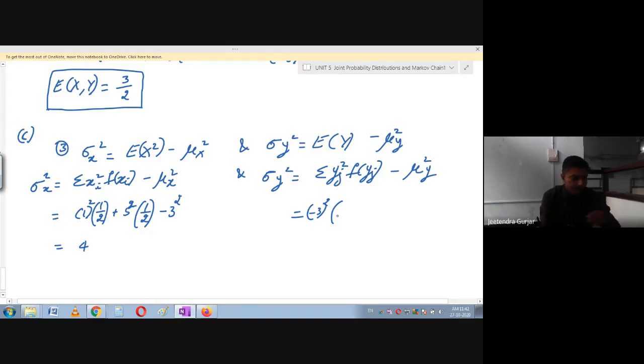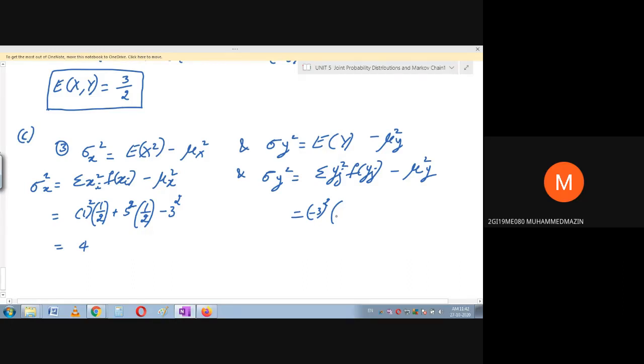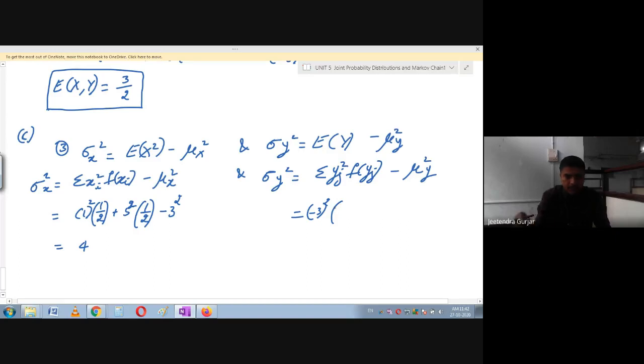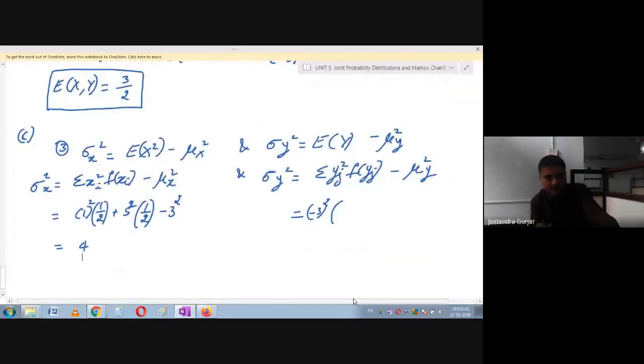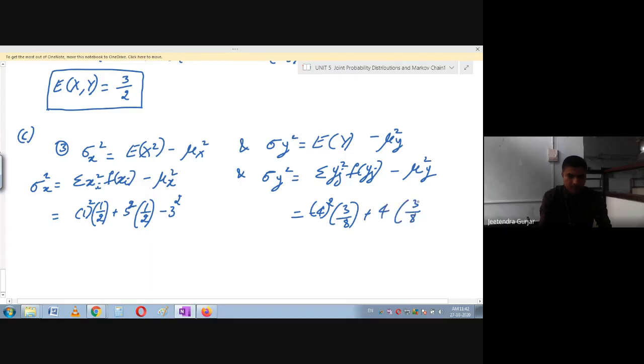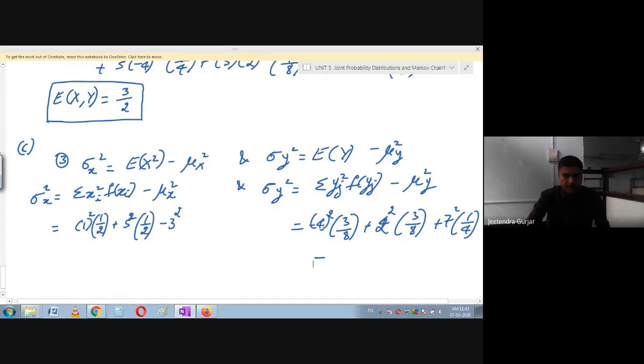Similarly, you can substitute here. So it's minus 4 the whole square, minus 4 the whole square we're going to take, then into 3 divided by 8 plus 4 into 3 divided by 8 plus 7 square, or we can take this as 2 square, this is 7 square, and this is 1 upon 4 minus mean is 1 only.